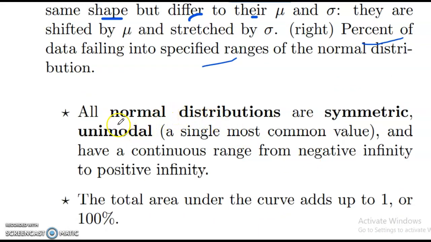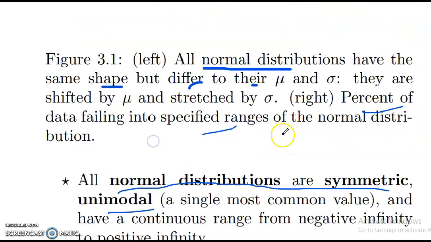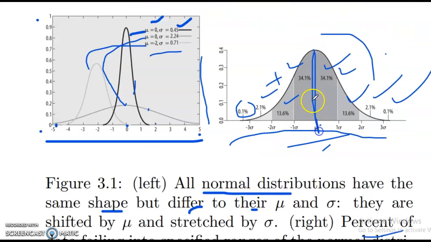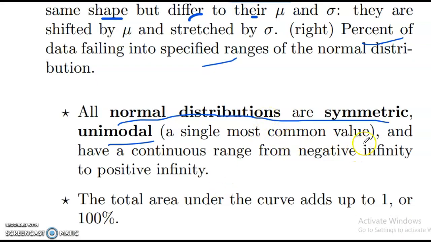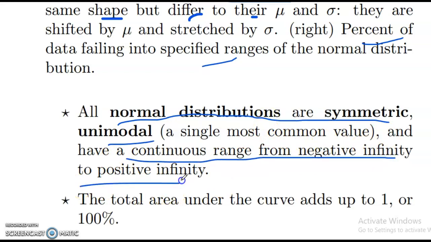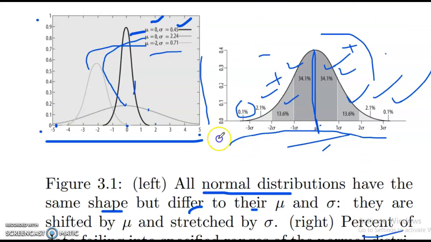All normal distributions are symmetric and unimodal, with a mirror image on both sides and a single most common value. They have a continuous range from negative infinity to positive infinity.